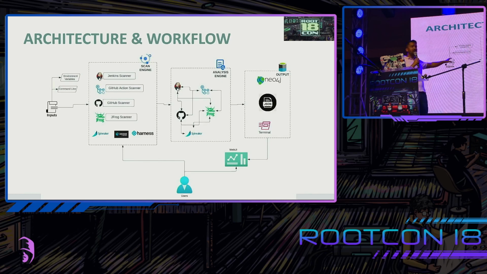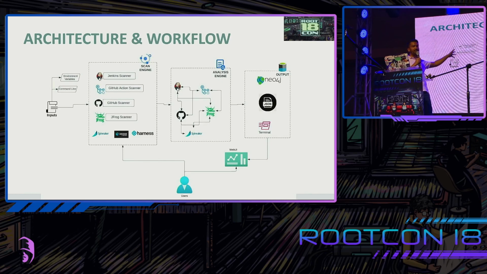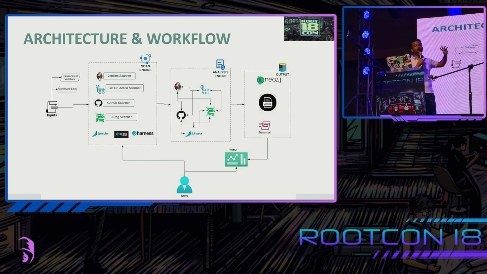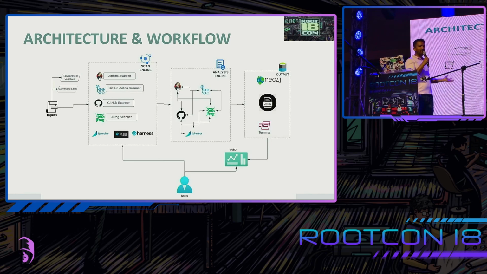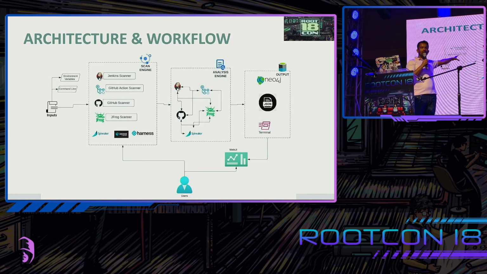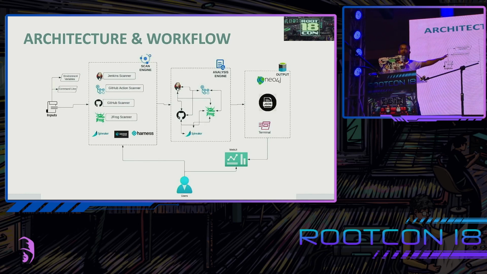I have intentionally kept GitHub Actions and GitHub as separate technologies because even though they are part of the same organization, they serve very different purposes. All of these are four Python scripts which you can use individually as well. You don't have to use the entire collection. You can use these individual scripts and just go from there.